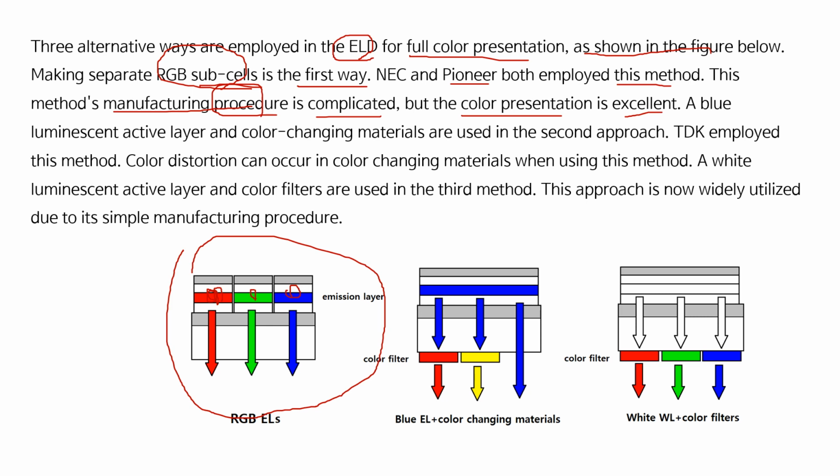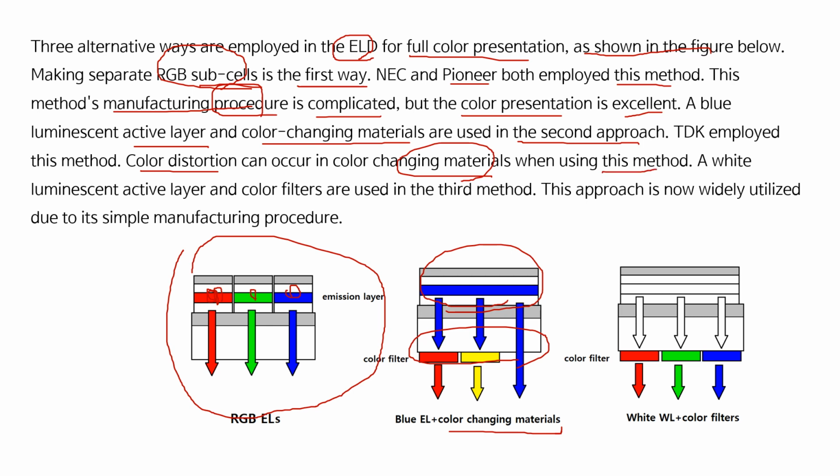A blue luminescent active layer and color changing materials are used in the second approach. So we use the blue OLED material, and we use color filters for other colors. TDK avoided this method. Color distortion can occur in color changing materials when using this method.